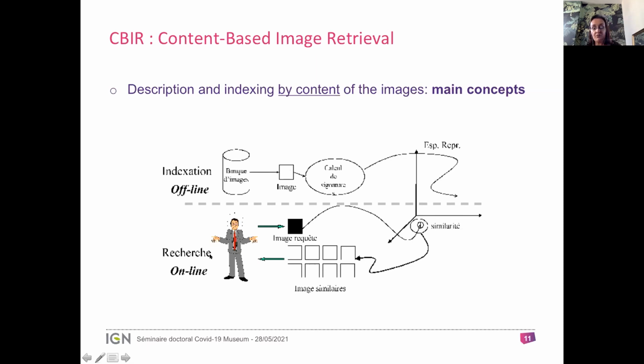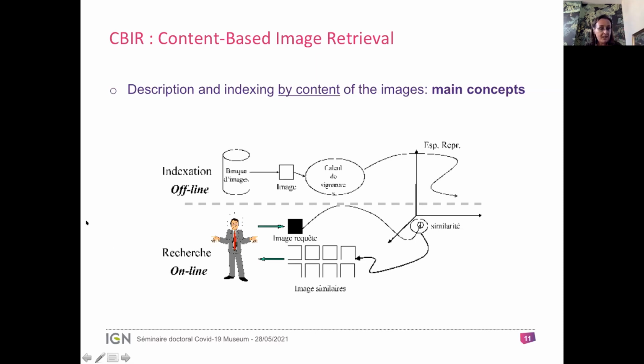And from the other side, you have a user who, for example, uses the paradigm of query by example. He gives an image to the system. For this image, we compute his vector, his signature, which is compared by similarity in this big feature space. And then the system returns to the user a set of images that are the closest neighbors of the query image in this space. The system so retrieves the most similar images.